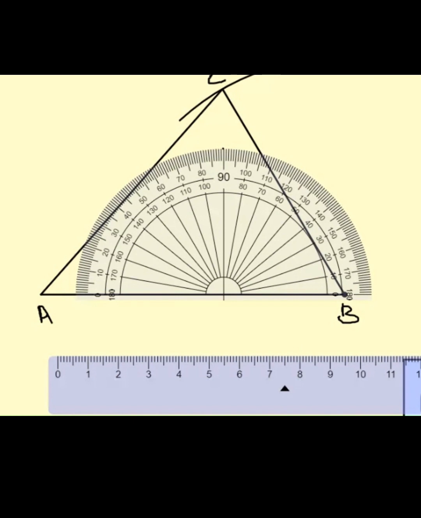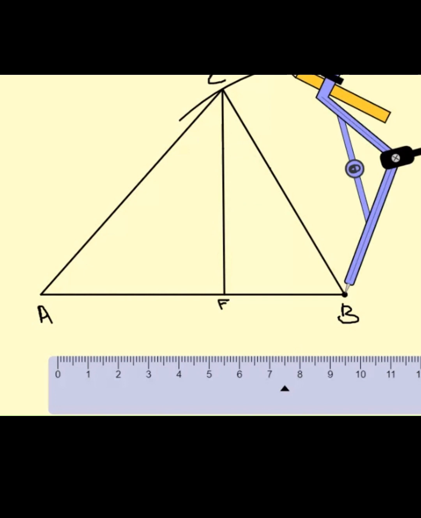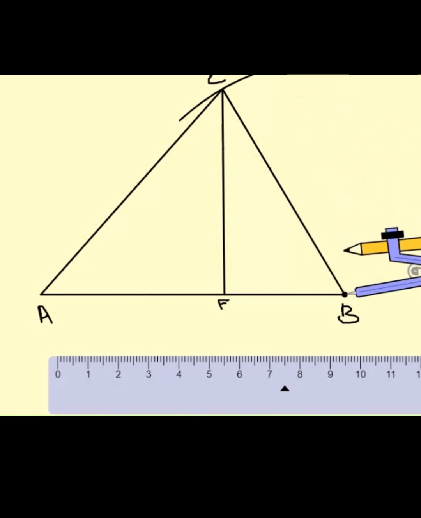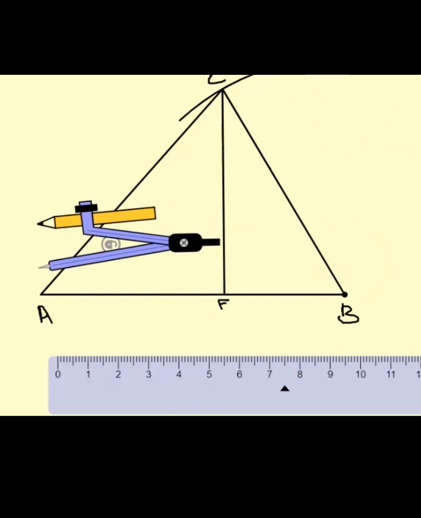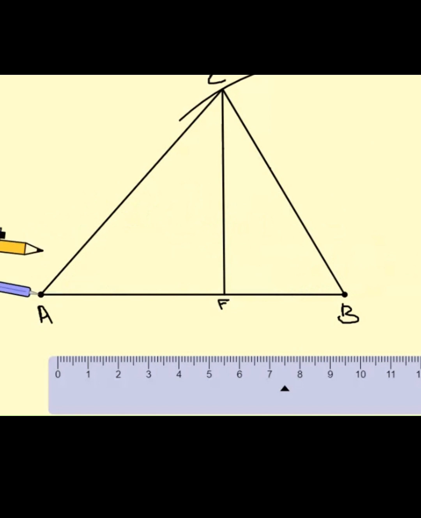Next, we are going to draw a perpendicular line, which is just drop a line from C to meet AB at 90 degrees. Now, the next thing is to construct a bisector of angle BAC.